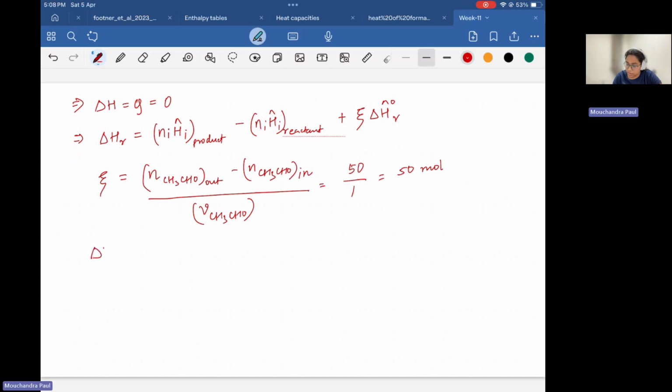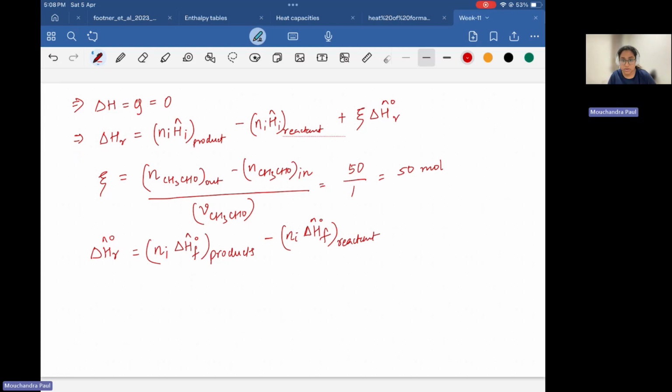Then the standard heat of reaction. How would you calculate it? We have to take the values of the standard heat of formation here. So first write the expression in a similar manner: the sum of standard heat of formation for products minus the sum for reactants.